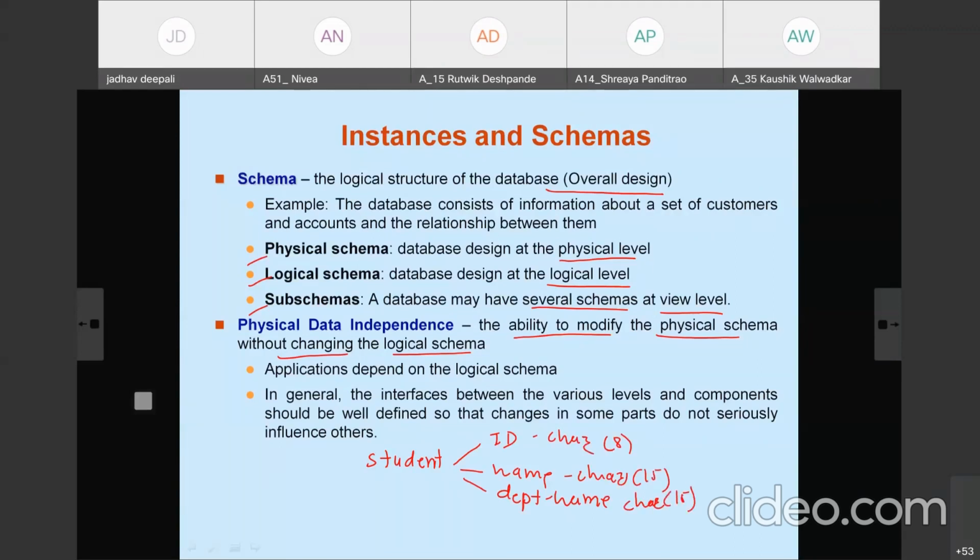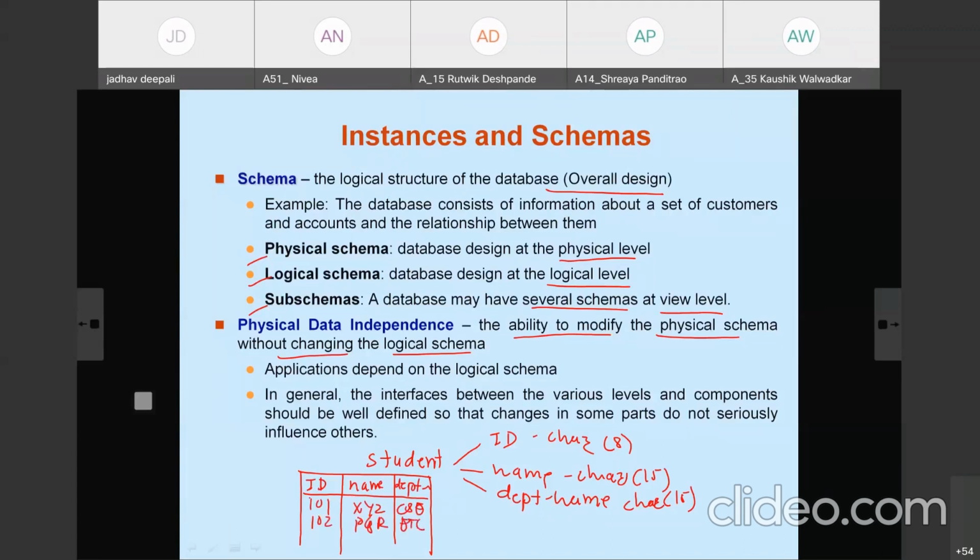After that, at logical level, data is entered into it, meaning ID, name, department name. Suppose ID is 1001, name XYZ, department CSE; 102, PQR, department ETC, etc.